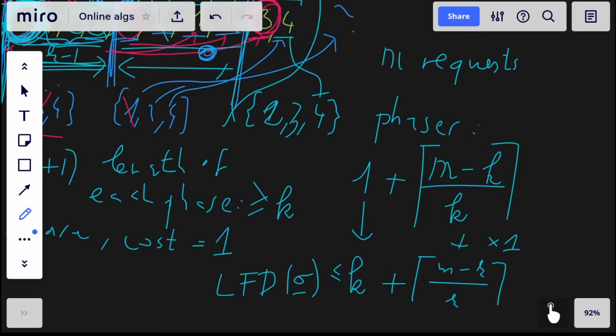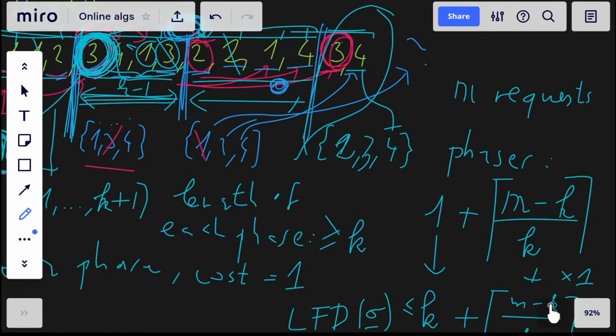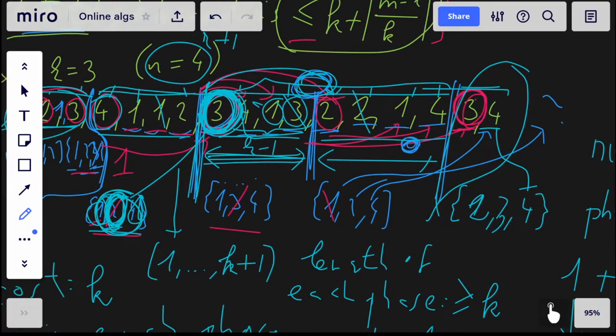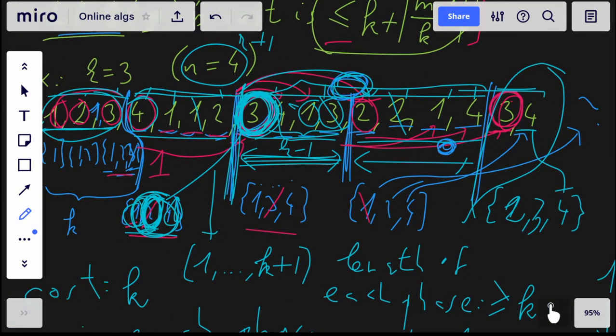For example, say m equals 18 and k equals 3.